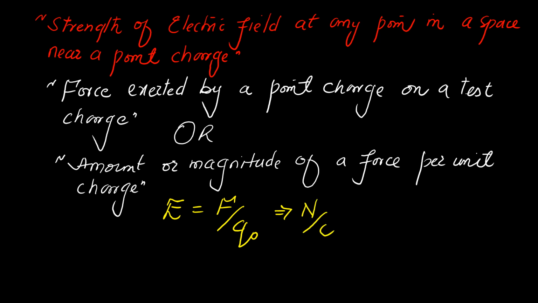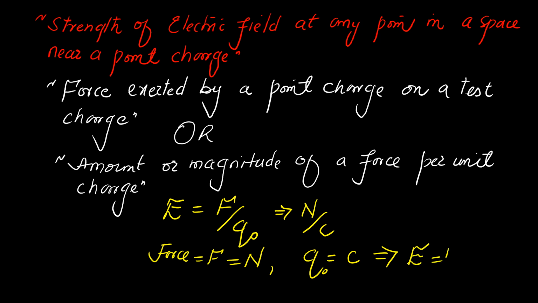Dear student, keep in mind that the unit of force F is Newton, whereas the unit of charge is Coulomb. So the unit of electric field intensity will become Newton per Coulomb.